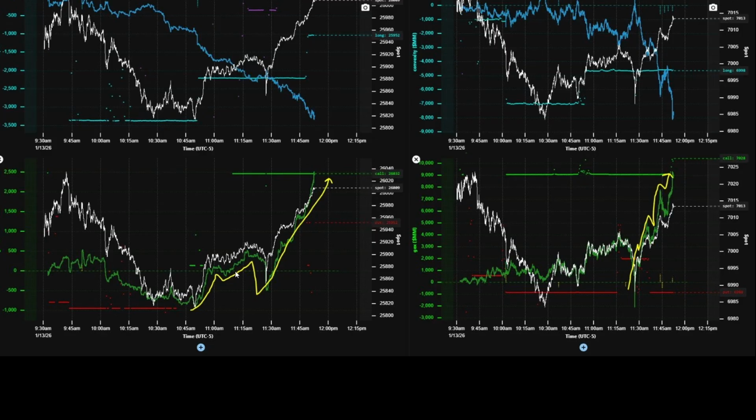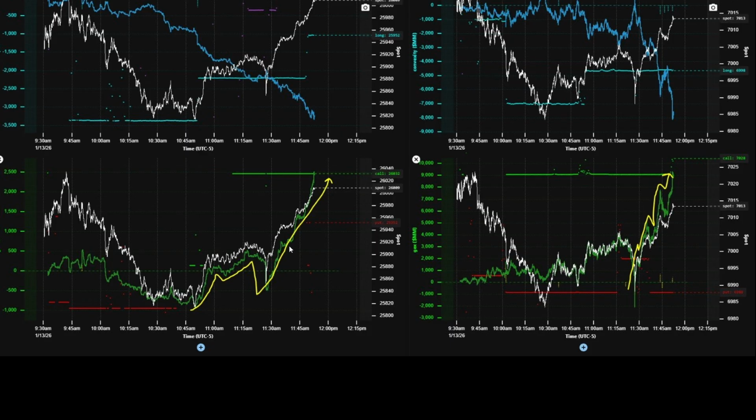Here is another example. See how the green line dominates and gives the direction of the price. The price doesn't give the direction of the green line. The green line is the flow and gives direction to the price to go higher, because remember, this is the price, this is option positions, and these option positions are made from the delta and all the positions in the order book for options, and are represented by delta.